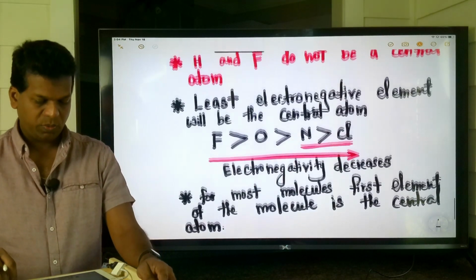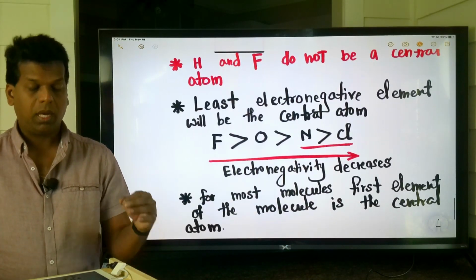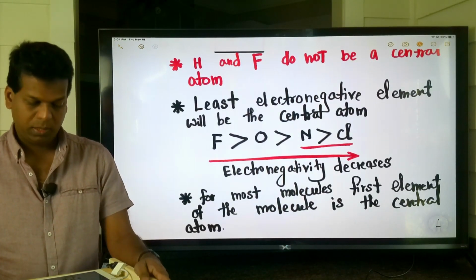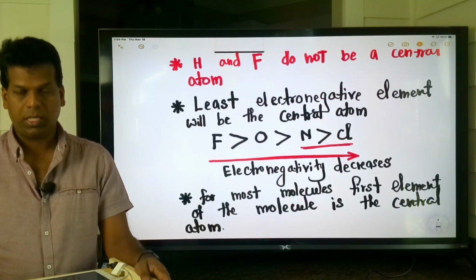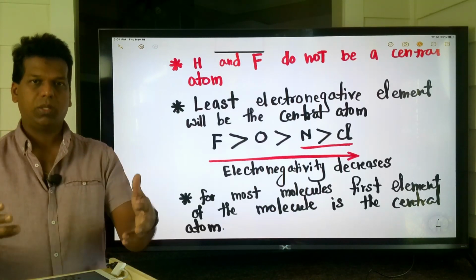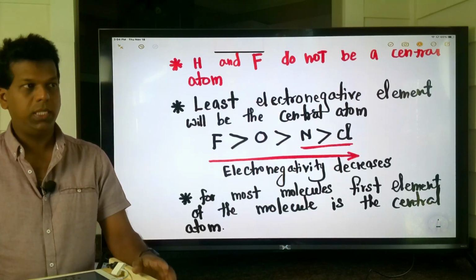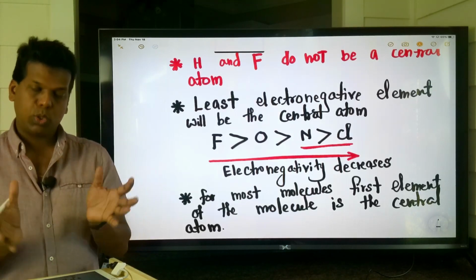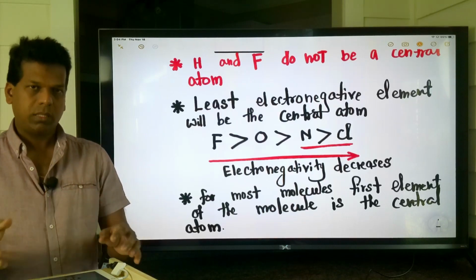So far we discussed how to calculate the number of valence electrons and then how to decide the central atom. Once you decide the central atom, the other atoms are going to be terminal atoms. These should be placed around the central atom.